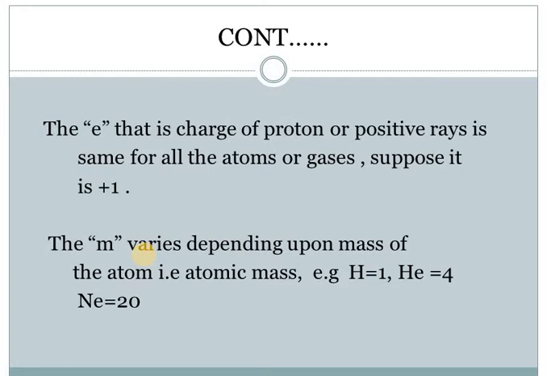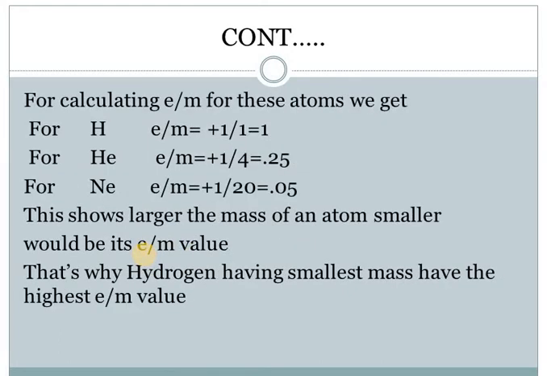Now if we just place all these values in E by M, we can calculate these ratios and find out which of them would have the smallest and which of them would have the highest E by M value. If you just place all these values for hydrogen, helium and neon, that is for hydrogen +1 by 1, for helium +1 by 4, for neon +1 by 20, different values are coming up.